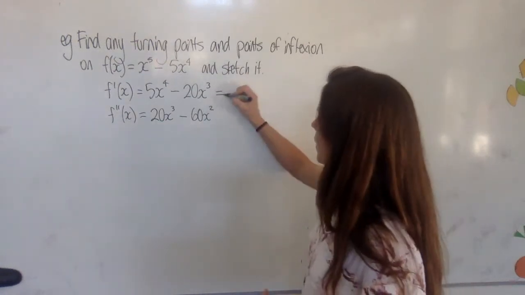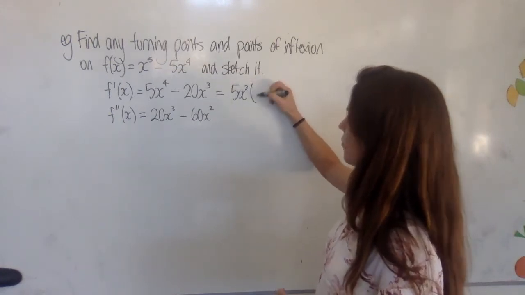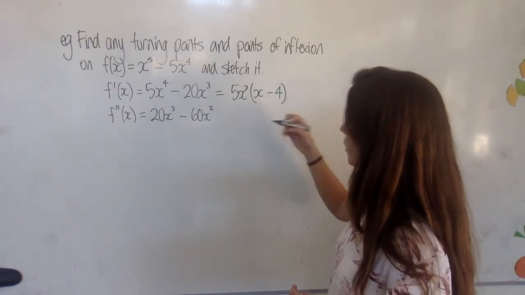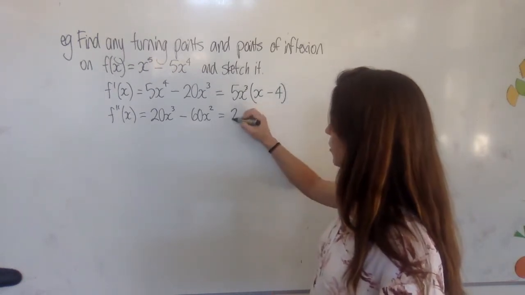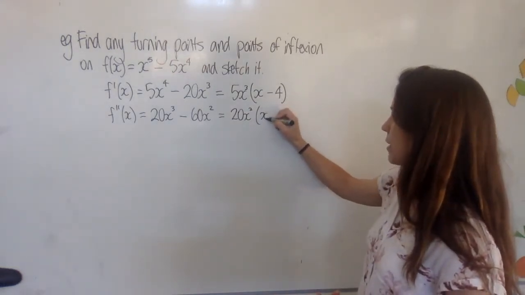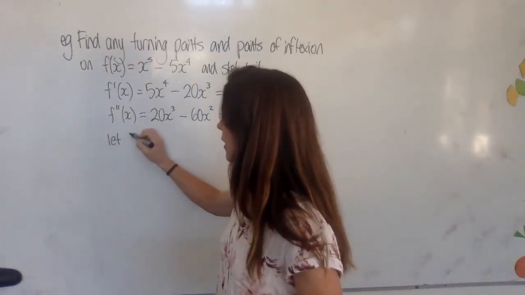So let's go ahead and factorise both of these. The first one, we can take 5x cubed out the front, and that leaves us with x minus 4. And for the second one, we can bring 20x squared out the front, and that will leave us with x minus 3.